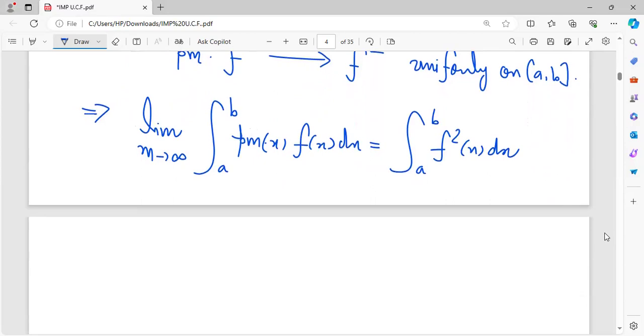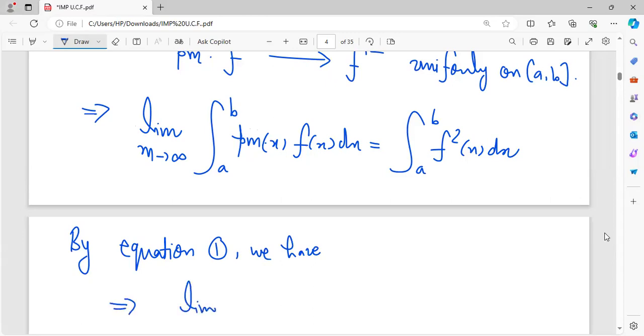Now this is a polynomial, and we know by equation 1, if you take any polynomial and multiply with f(x) and take the integration, it is 0. p_m(x) is also a polynomial for any natural number m. So this part is 0.